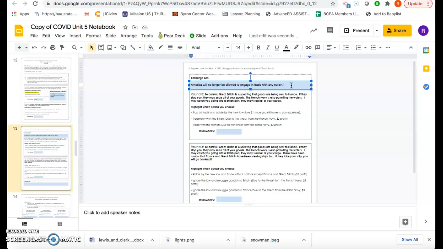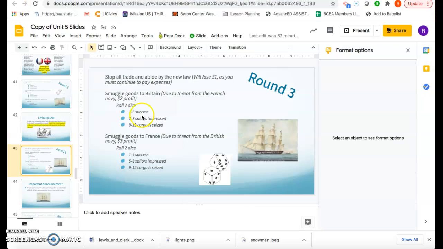This is meant to try and help Americans stay safe. Unfortunately, keeping Americans safe may also mean really affecting and hurting our economy. So now, as a merchant, you must decide for round 3, are you going to stop all trade and abide by the new law? Which means you're going to lose $1.